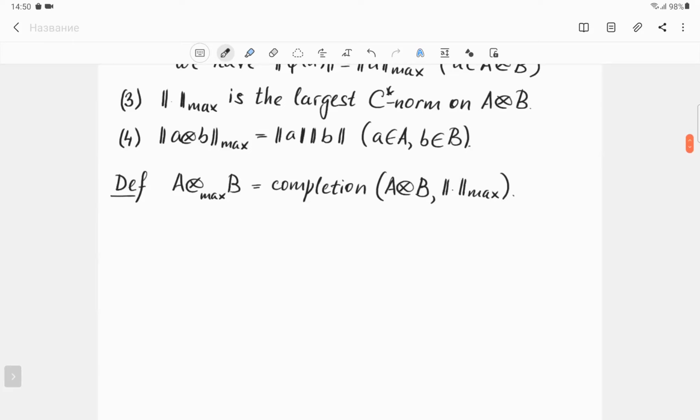Okay, let's now look at some corollaries of this theorem. Corollary 1.